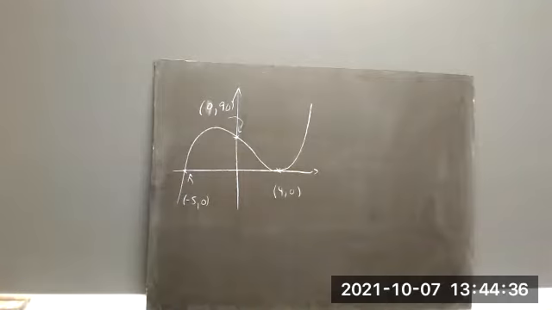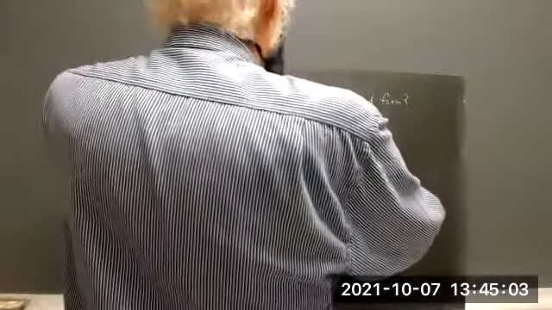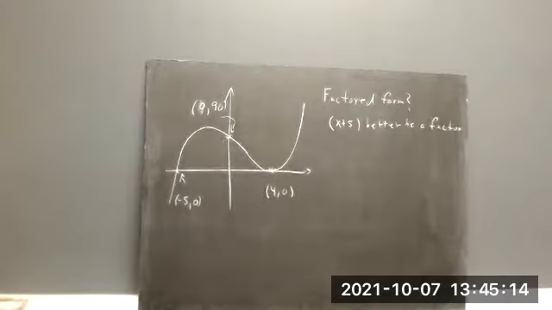Think about it for a second. You should be able to tell me quite a bit about the factored form of this polynomial. Well, that's the question. What is the factored form? x plus 5 better be a factor, right?